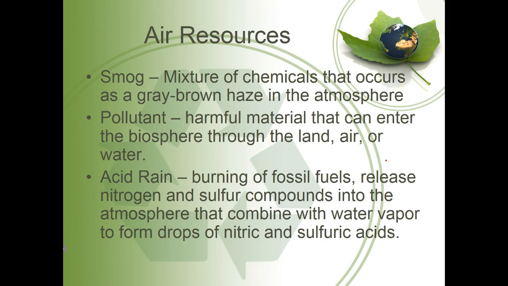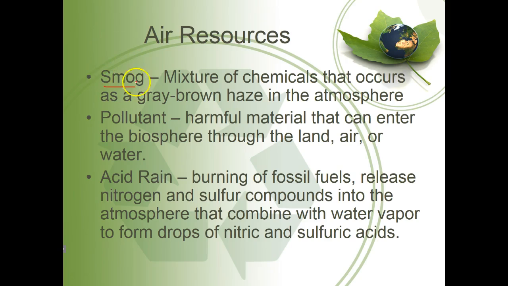Now we just need to get into a little bit of pollution and how that affects specific populations, and we're pretty much done. So smog, you've probably heard of smog. Smog is a mixture of chemicals that occurs as a gray-brown haze in the atmosphere.